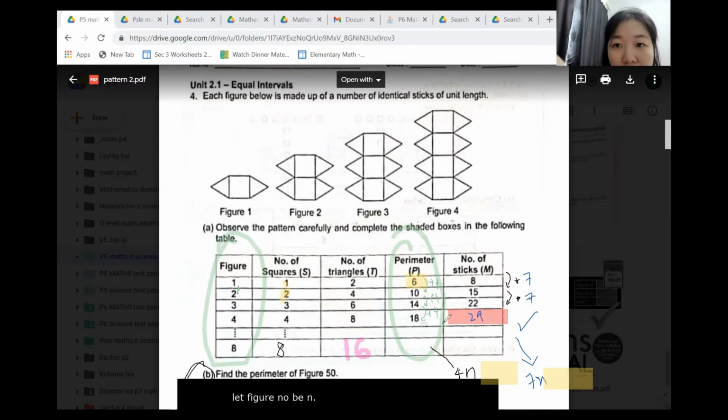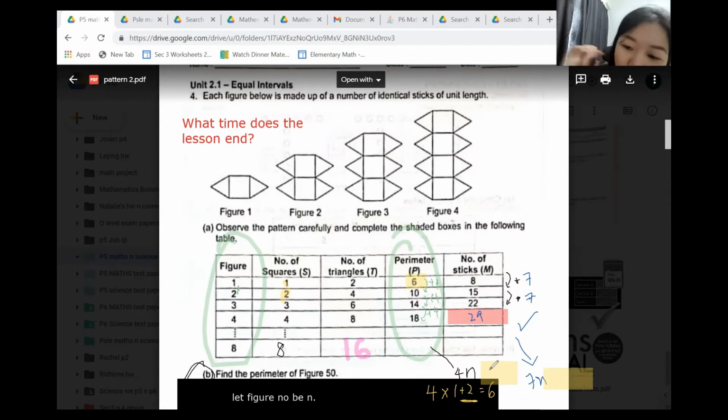So I have 4 times 1, and then how do I get to 6? What I need to know is here. We all know 4 times 1 is 4, right? Means I plus 2, right? So if I plus 2 here, we will actually have 6, correct or not? So my n term is plus 2 here, correct or not?